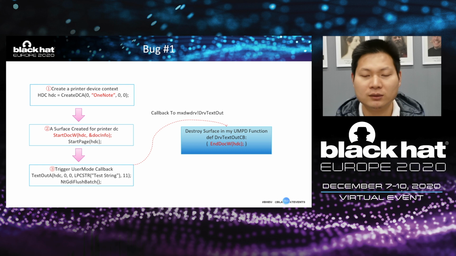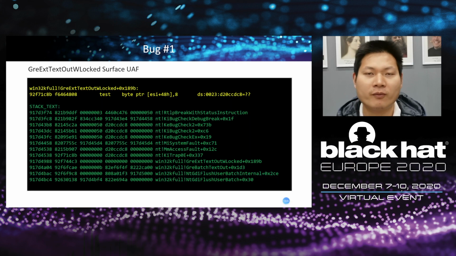When we call the EndDoc function in our redefined DrvTextOut function, the surface selected with the device context will be destroyed. Now the ESI register points to freed pool memory. The crash stack is shown here.